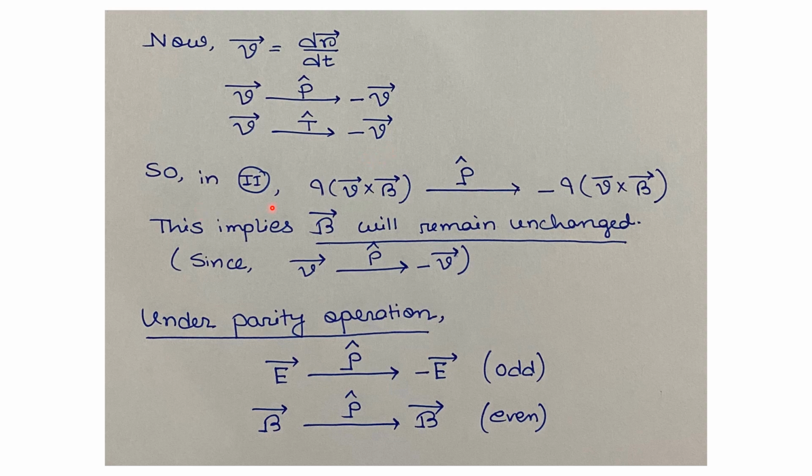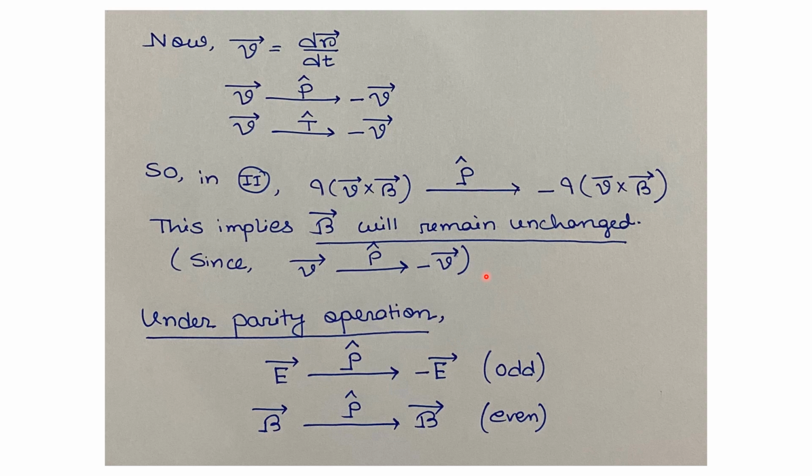Now in 2, the term q into v cross B, under the parity operation, will change its sign because force will change its sign. It means the magnetic field vector will remain unchanged because velocity is already changing its sign, and that will give the negative sign here. So B has to be invariant under the parity operation.